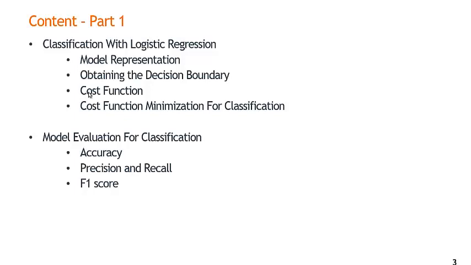Now you may recognize cost function and cost function minimization from linear regression. You need to have some way of evaluating how well your model is working. So you need a cost function, which is like a thermometer or a gauge that tells you how well your model is working.